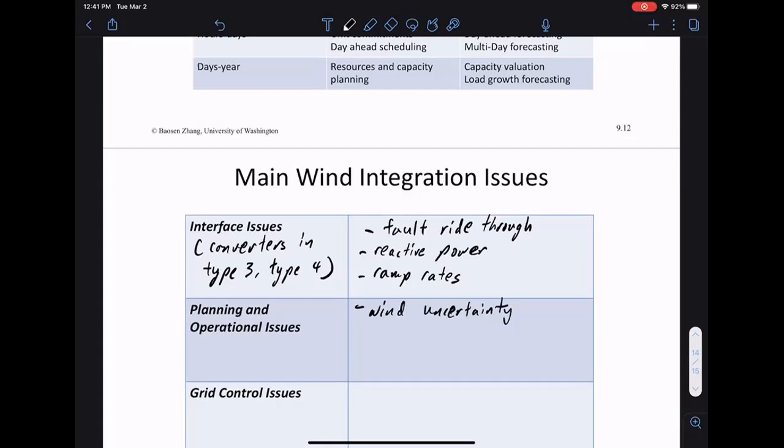So we're going to think of this as an operational issue with respect to others. Similarly, we have balancing, which is how supply equals demand, and we have transmission. So these have to do with larger grid issues.